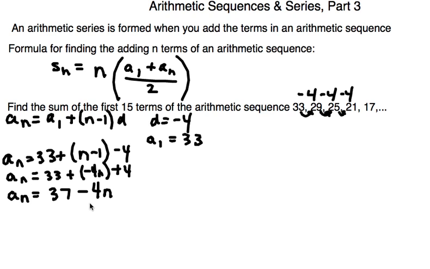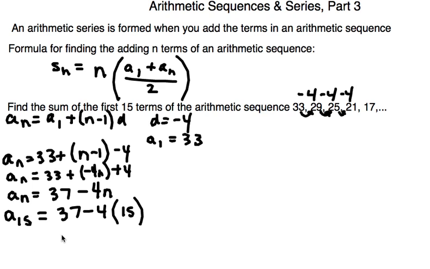Okay, in this case we want to find the 15th term because we need to know what the 15th term is to use in our formula. So our 15th term is going to be 37 minus 4 times 15.